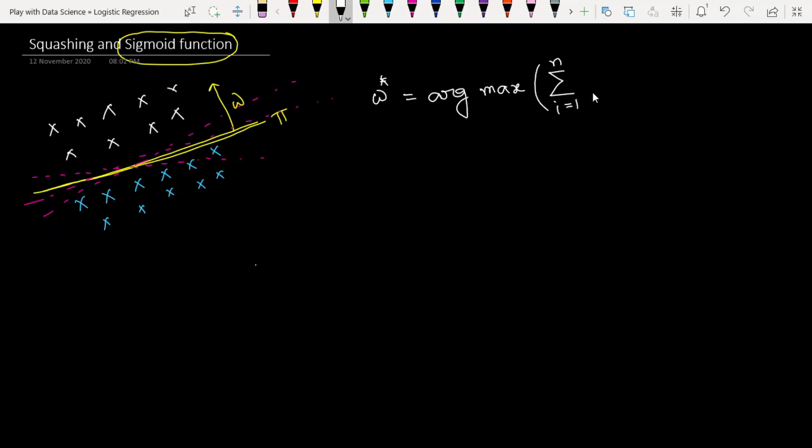The signed distance is yi w transpose xi. This is the distance of the point from the plane, and the total is the signed distance, and this is our optimization problem.